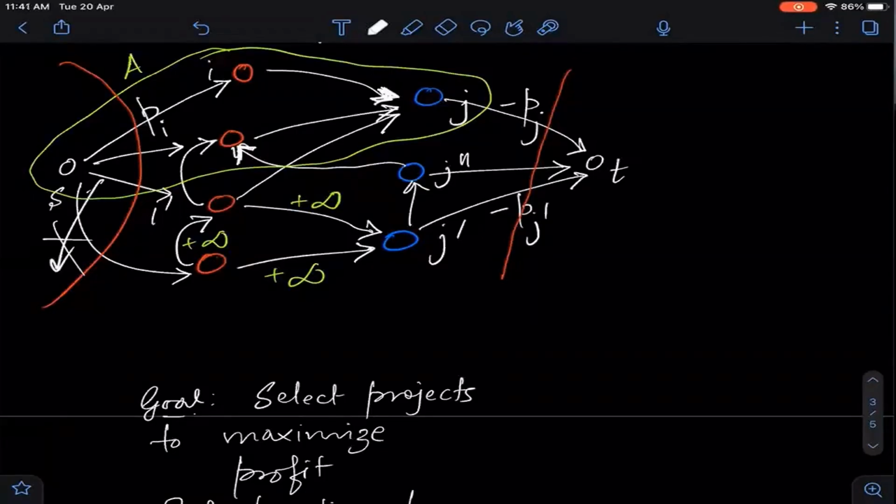Okay. So यहाँ तक तो हमने ensure कर लिया कि the min cut in this graph, if I compute it, is going to be of finite capacity and it's not going to keep any dependency edges going across. So it will be a feasible set. But now what I did not convince you is, ये जो capacity है जो cut का, why should this correspond to the profit of the projects that you are picking?